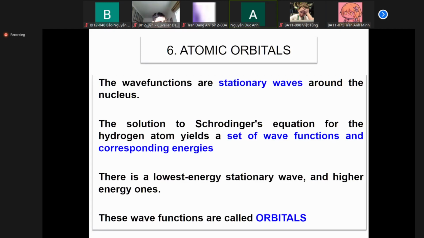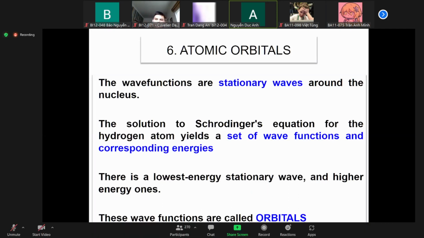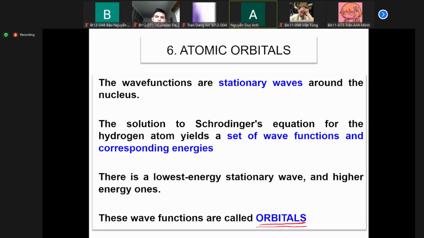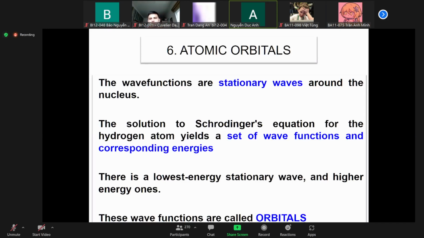That area can be described by the word orbital. Normally in scientific words we can say that the wave functions are called orbitals. But in imagination you can think the orbital explains to you the area in which you can find the electron around the nucleus with the highest probability.